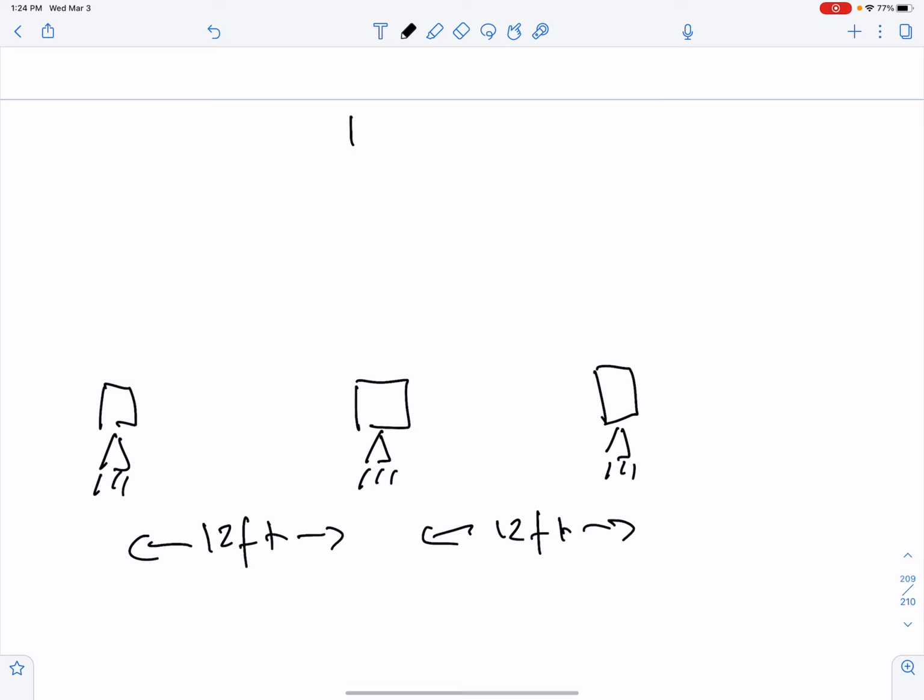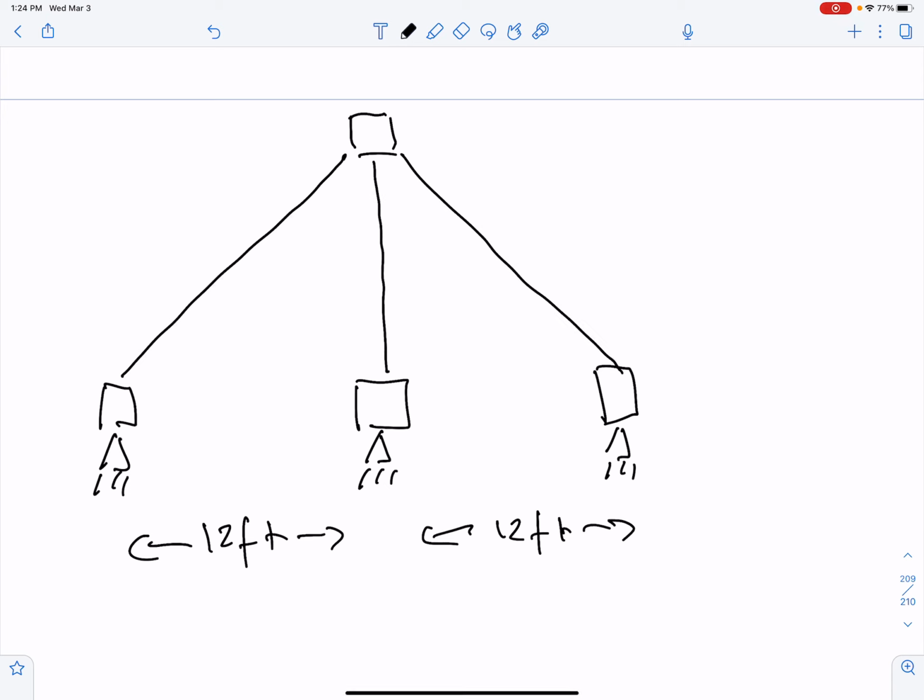And then we put together a structure that connects the 3 supports with some sort of apex node at the top. And this vertical distance, the height of the structure, is going to be 16 feet like this.